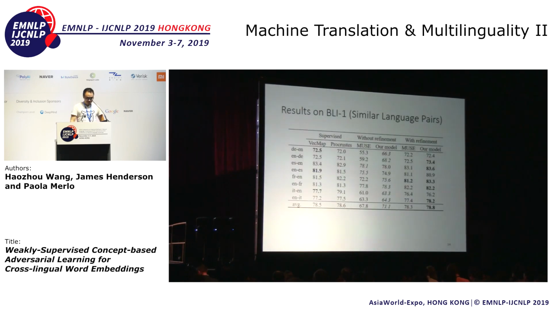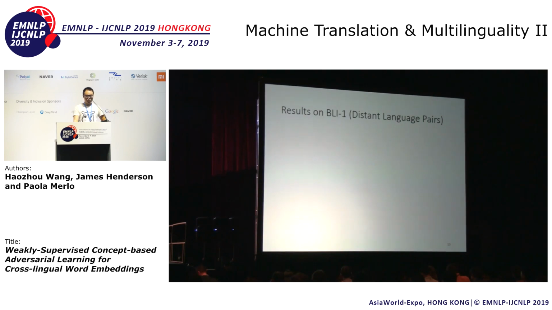Here you can find the results on the first data set of bilingual lexicon induction for the similar language pairs. We have the best performance on 5 directions, and we perform better than MUSE, which is a fully unsupervised method. And we have no significant difference between our method and our supervised baselines.